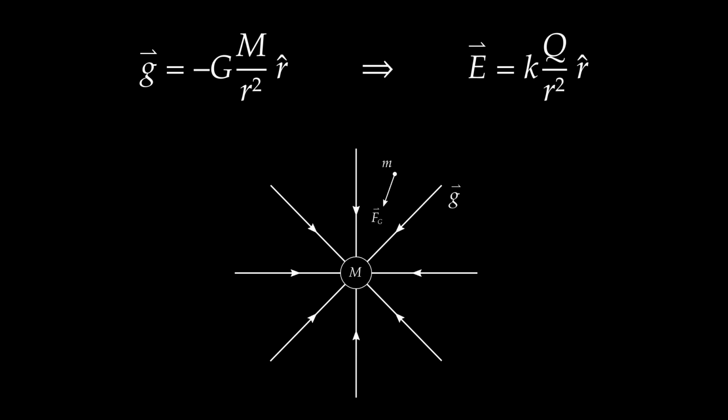So if I plunk a mass down at any region in space, whichever way the gravitational field points, that is the direction the force is going to be, and therefore also the direction of the acceleration, which is why we're comfortable interchanging the gravitational field with the gravitational acceleration.